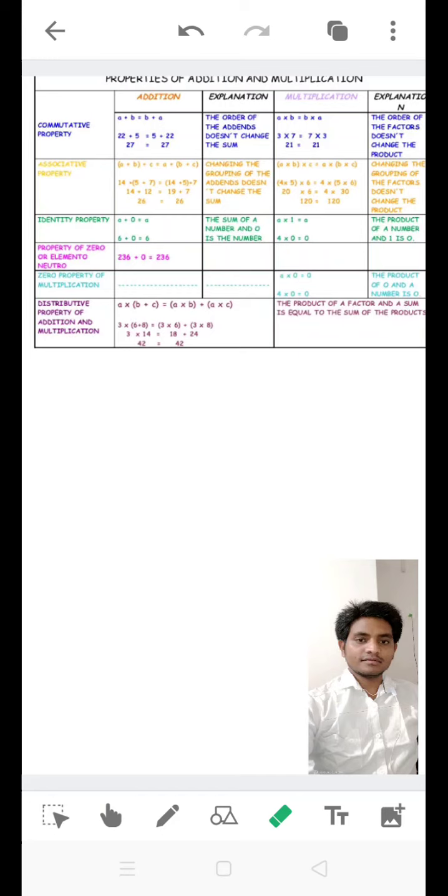Okay, all the students learn these 5 properties under the operation of addition and multiplication. Now let's start your first chapter, integers.